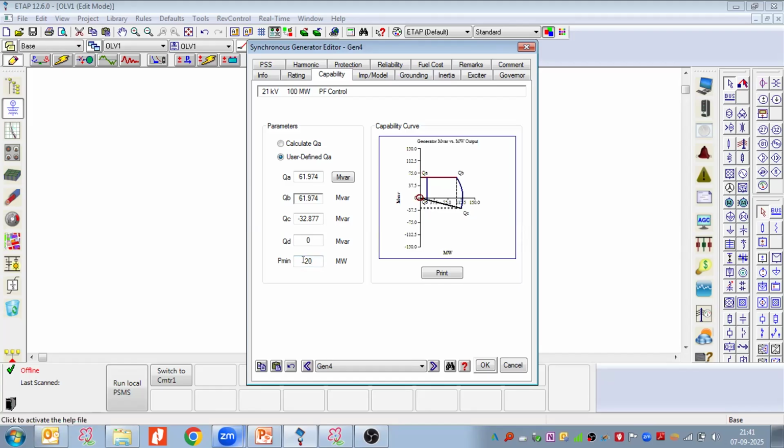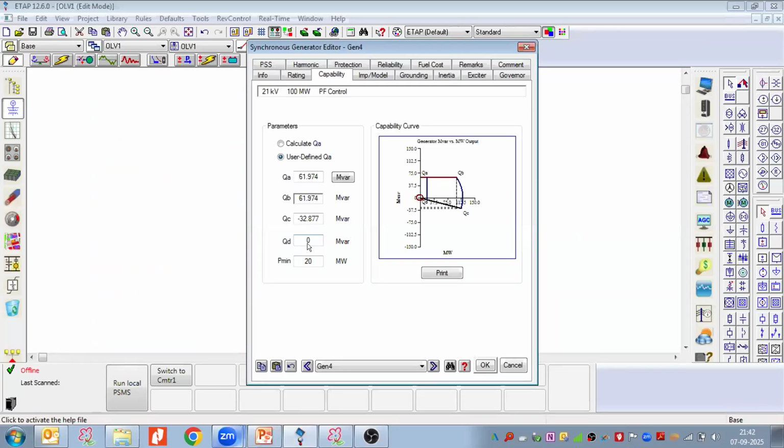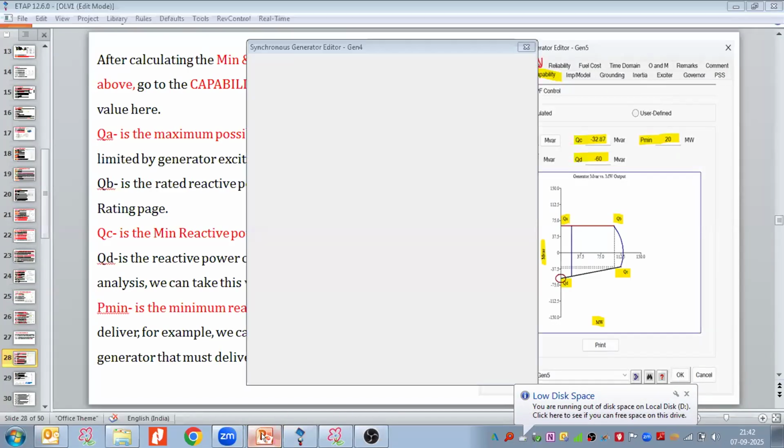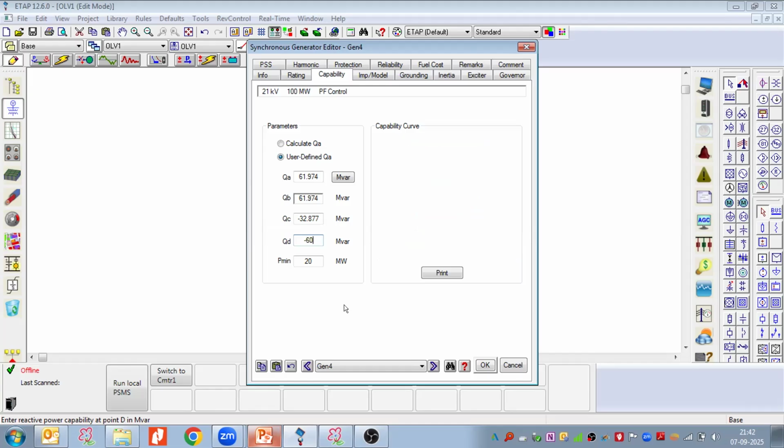So I'm just putting 20 here. So QA, QB, QC, and QD. QD would be nearly 2 times. So minus 32 nearly 2 times would be 64. So I'm going with just nearly 2 times, so 60 I'm putting over here.